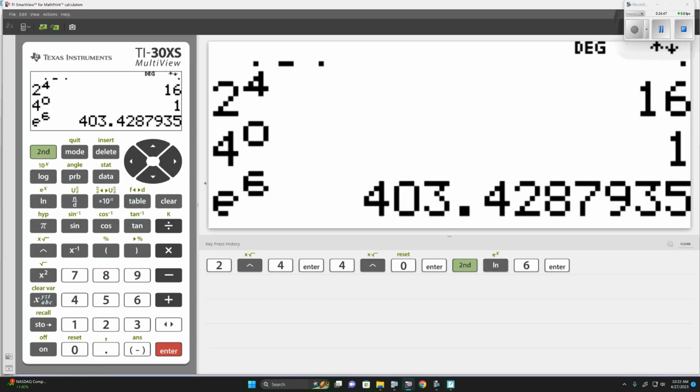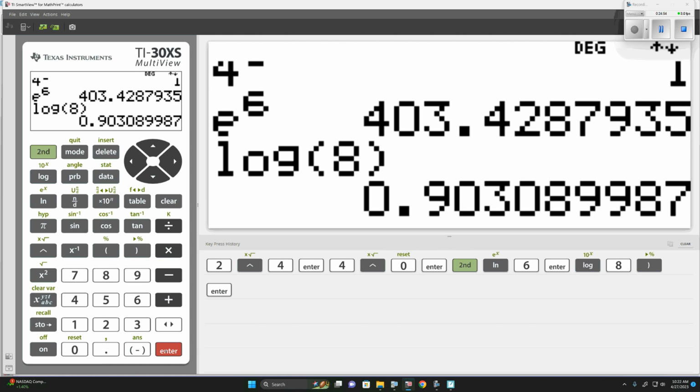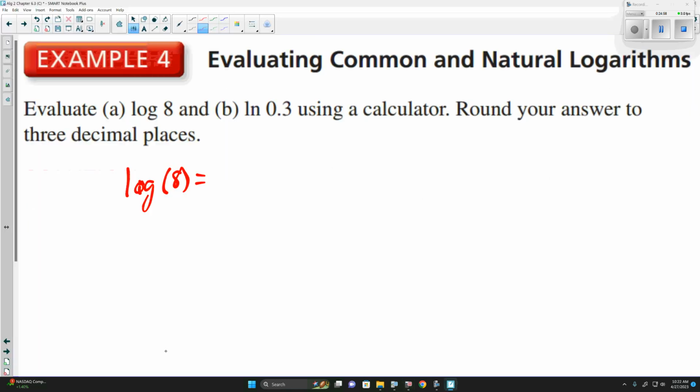Since it doesn't have a base, we can grab either calculator and hit the log button. Log of 8 is 0.903. Rounded to 3 places, this is 0.903. And that's it.